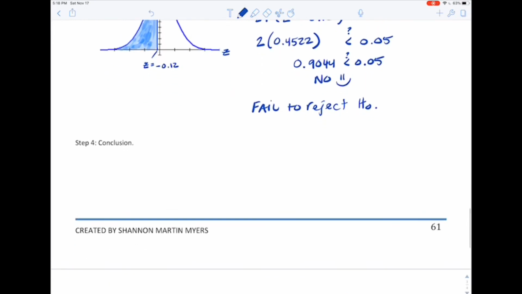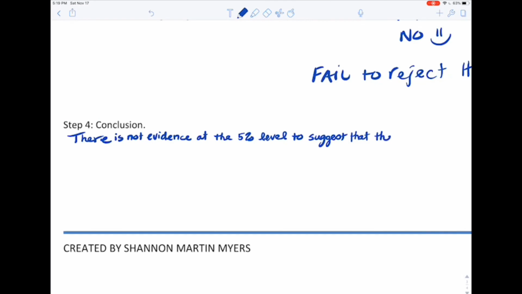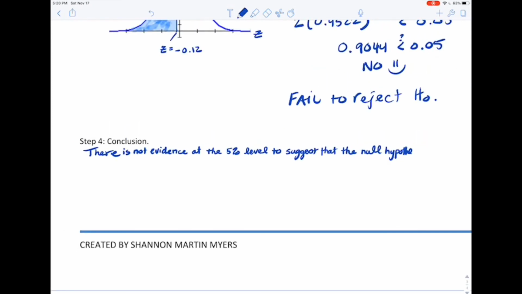So here, we would say there is not evidence at the 5% level to suggest that the null hypothesis, which remember, the null hypothesis was that the population proportions were not different, should be rejected, right?